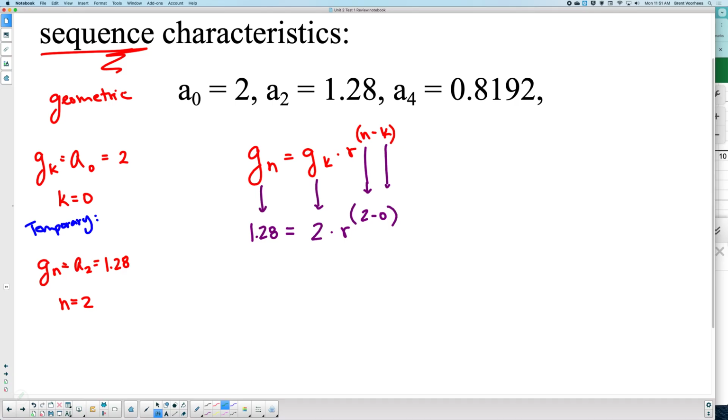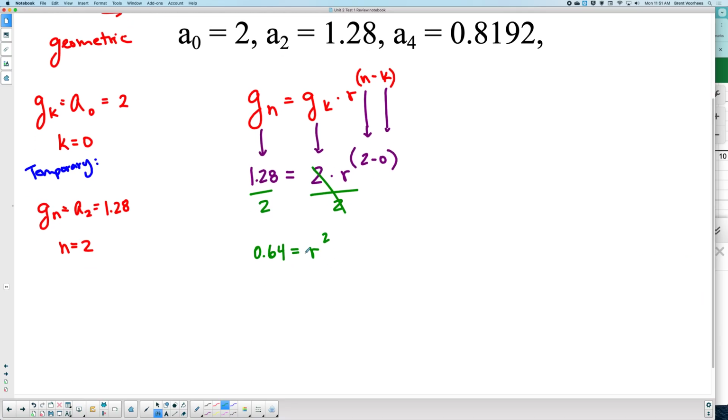To solve this problem, what's the opposite of multiplication? Divide. We divide both sides by 2. Anybody know what 1.28 divided by 2 is without a calculator? 0.64 is correct. 0.64 equals r to the power of, what's 2 minus 0? 2. Okay. 0.64 equals r squared.